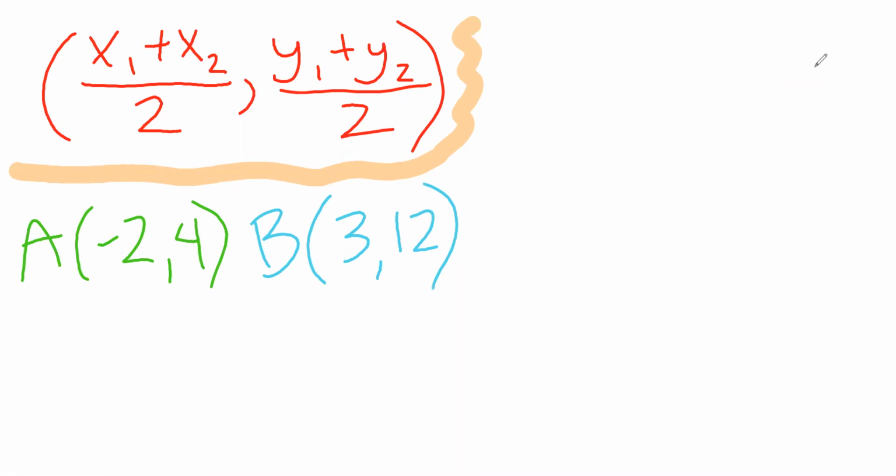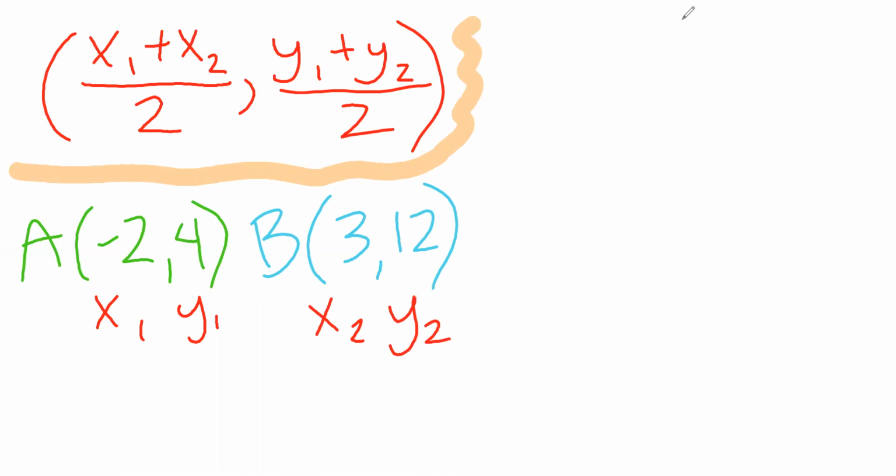All right, so what we're going to do here is, first of all, identify what your coordinates are. It really does not matter which one is x1, y1, which one's x2, y2. I'm just going to call A x1, y1 and B x2, y2. But again, you could switch that. It doesn't matter at all.